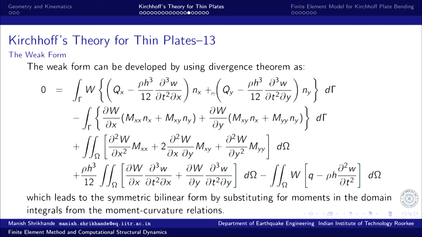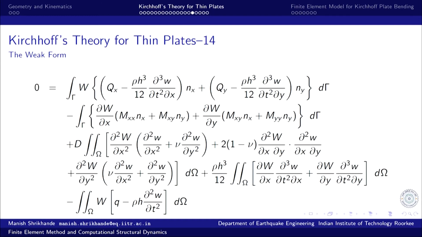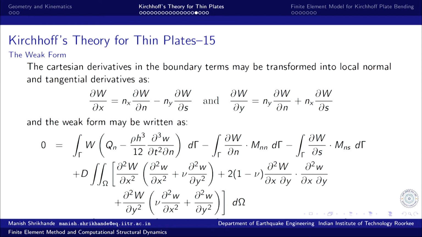These three are the primary variables that we can identify, and corresponding to that we have secondary variables. This is the transverse shear, and these are the moments corresponding to the respective rotations. This is what we eventually have by substituting for the moments in terms of moment curvature relationships, and we now have second order spatial derivative as the highest.